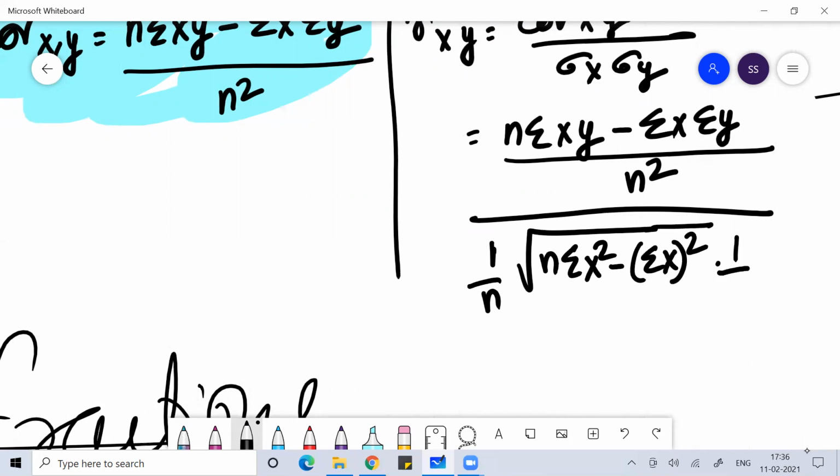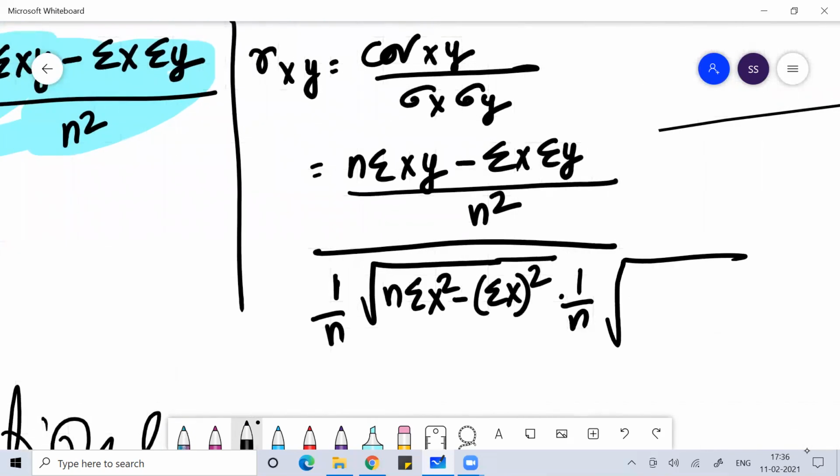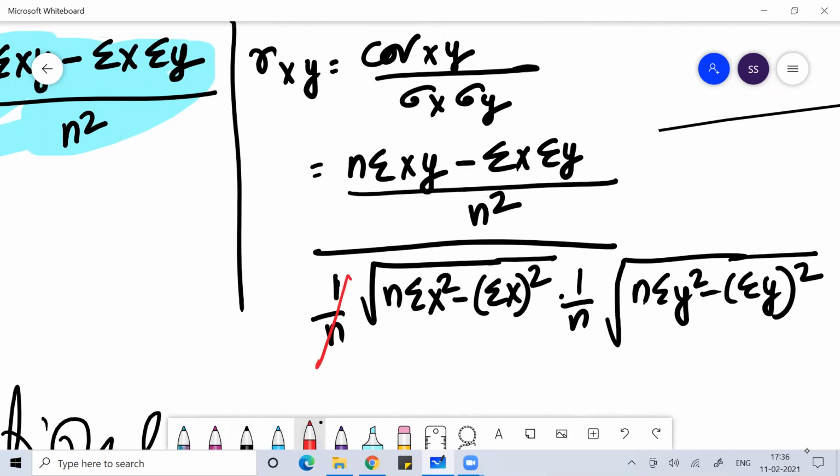Similarly, we can multiply with 1 by n, then it is n summation of y square minus summation of y whole square. So 1 by n, 1 by n, that is 1 by n square. So this gets cancelled.